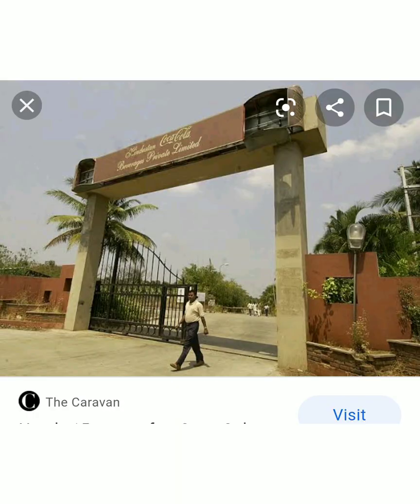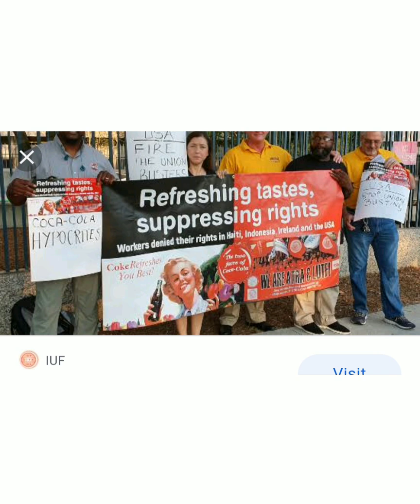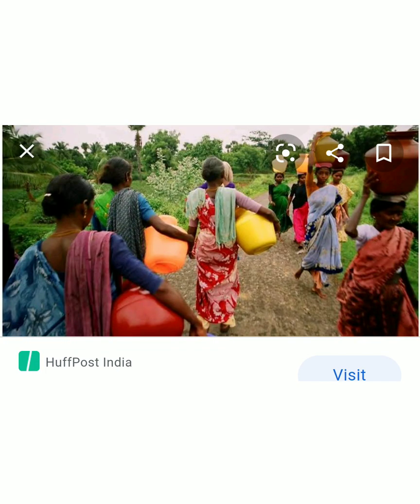It's a fertile land which turned into a barren land by the excessive water exploitation of the Coca-Cola factory. The water level in the wells lowered drastically, which resulted in drought.